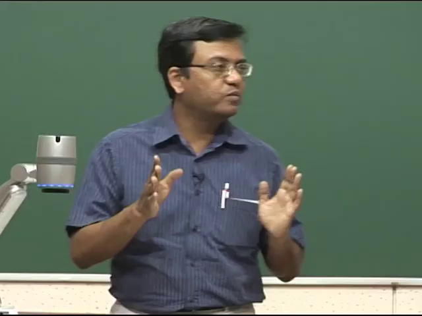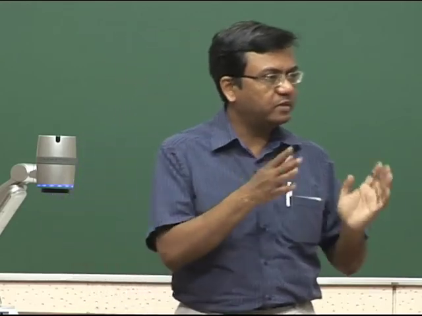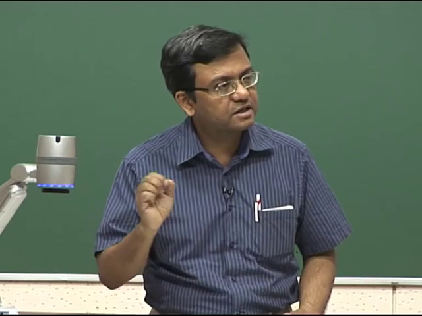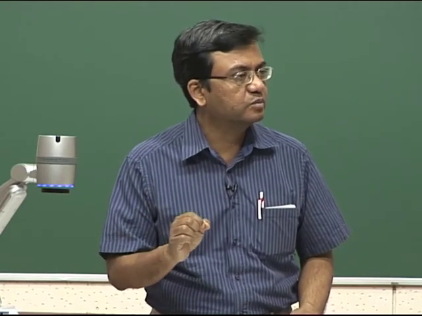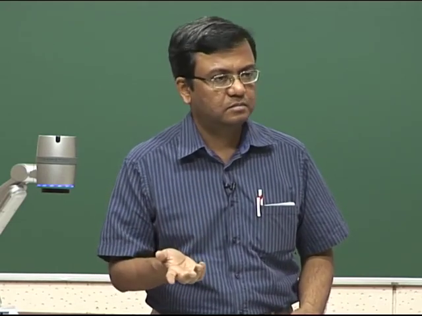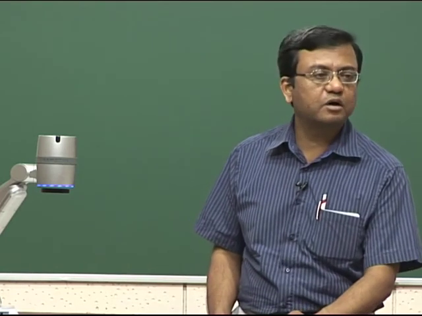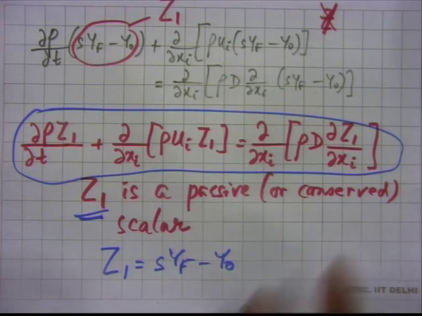So all that Z1 is doing is moving from one place to another because of the effects of convection and diffusion. It's not getting destroyed, it's not getting consumed because it doesn't have a source term. So it's passive in that sense. That's why it's called a passive, or as I have written in brackets, conserved scalar. It's conserved because it doesn't have a source term. There's no destruction, no consumption.